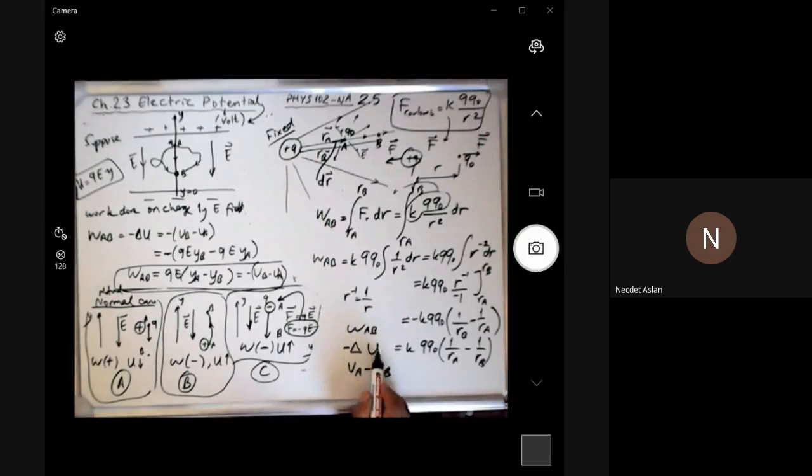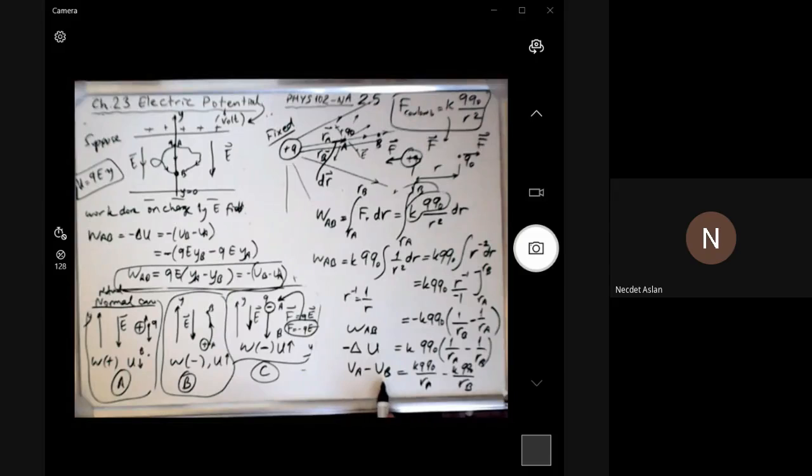Don't forget, delta U is always UB minus UA, final minus initial, but if there is a minus sign, it's written as UA minus UB. But the right-hand side is this, as you see. If you multiply these, the expression on the right-hand side will be K Q Q0 over Ra minus K Q Q0 over Rb. Wow, it's interesting.